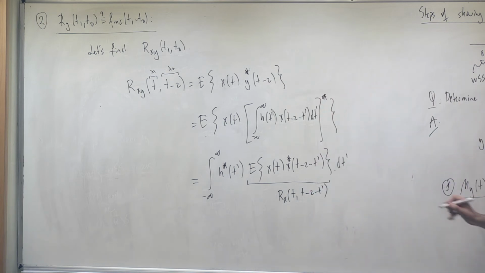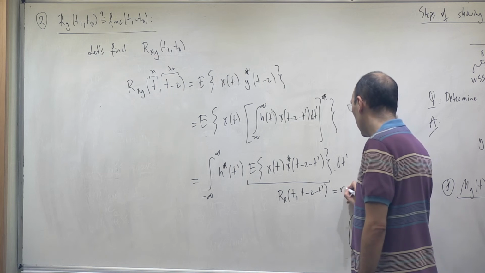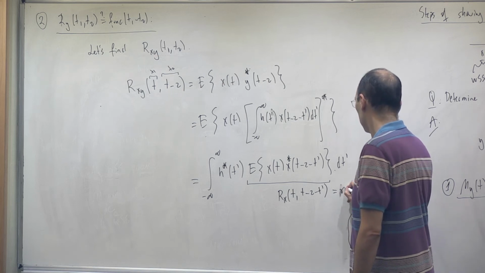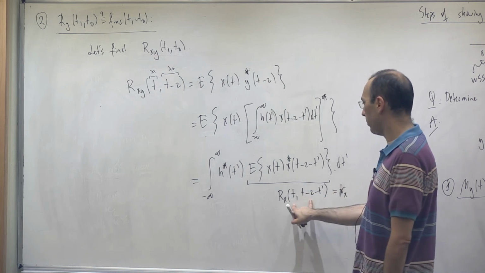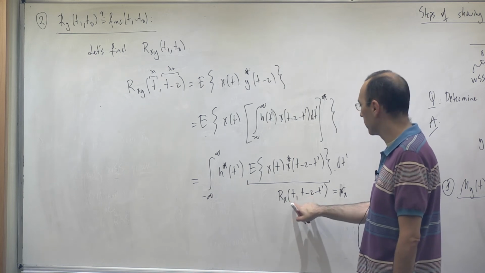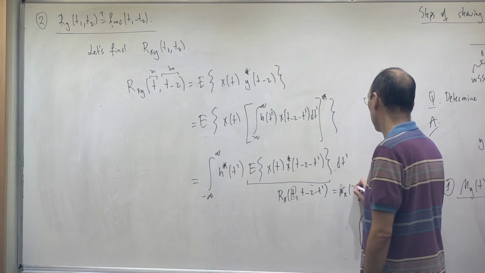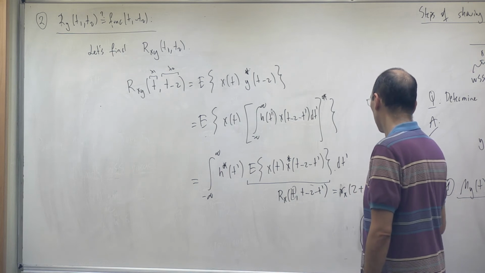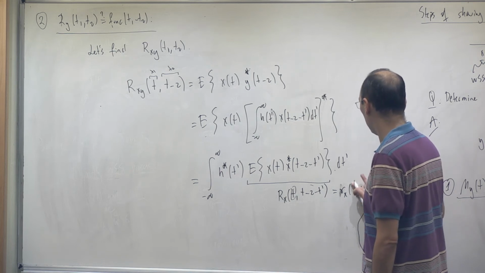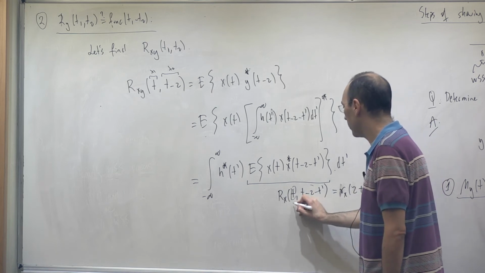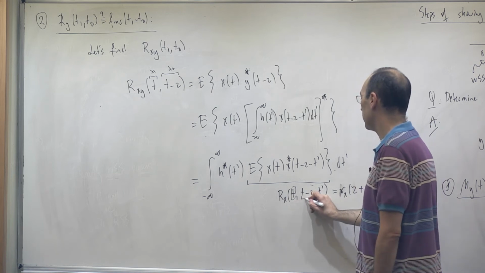By definition. But since this is wide-sense stationary, I will write this as an Rx function of time differences. This is the first argument minus the second argument. So this is my tau.